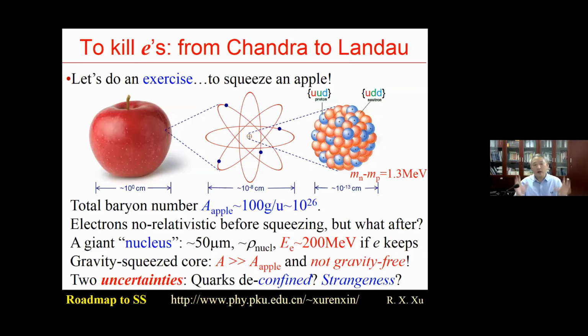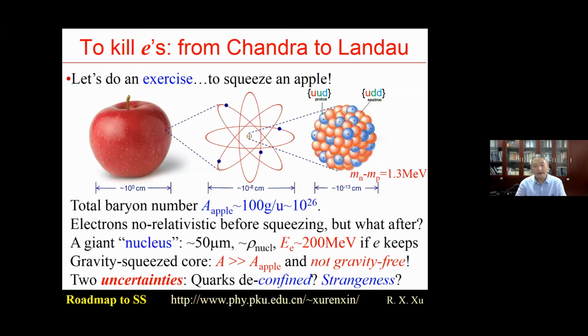So it is very difficult for us to squeeze this apple, but gravity can squeeze all of the core inside an evolved massive star to finally form a compact object at nuclear density.